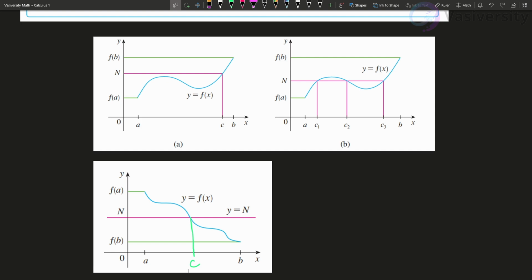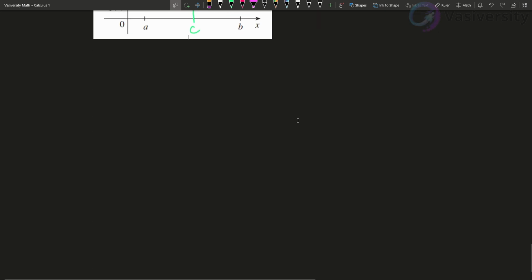Okay, so perfect. Let's take a look at an example. Why is it useful? Because if we know that we're crossing the x-axis, that means we have a root, a solution.